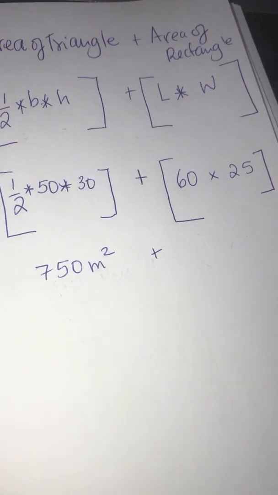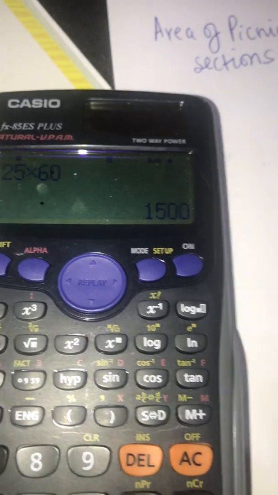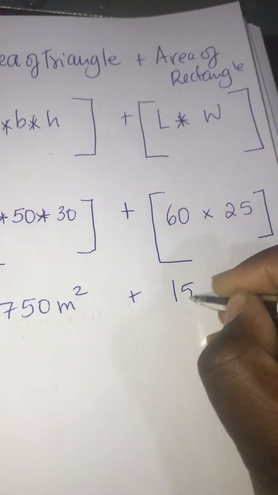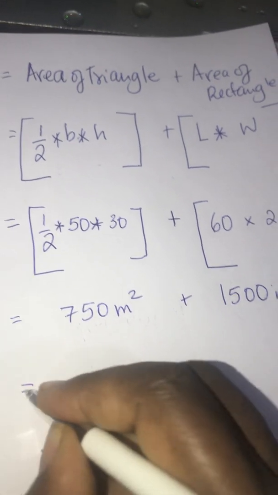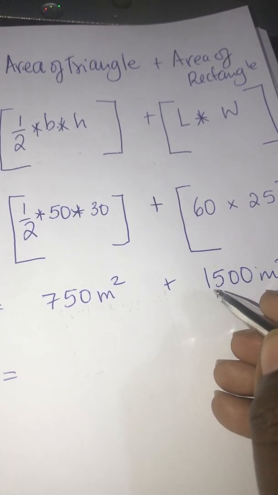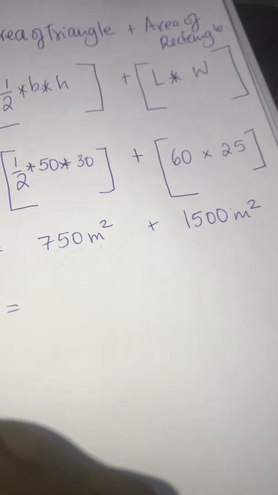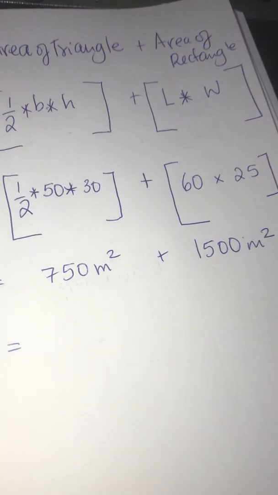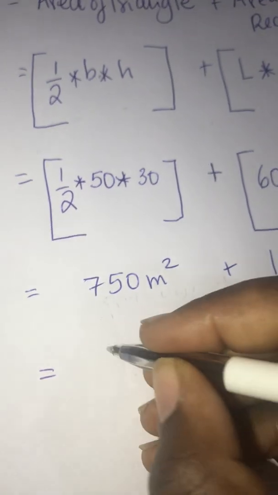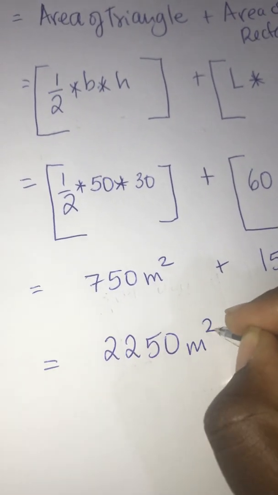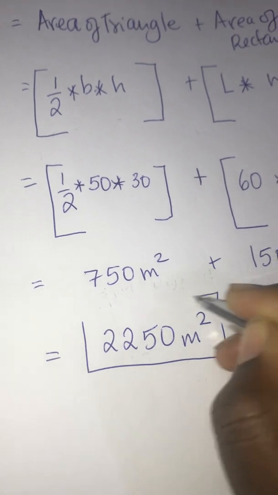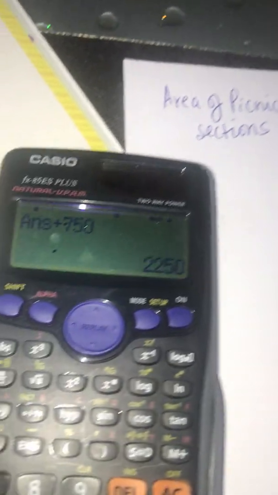That should be 1,500 meters squared. And then you add these two numbers. So that should be 1,500 plus 750, which is 2,250. 2,250 meters squared is the area of the picnic sections.